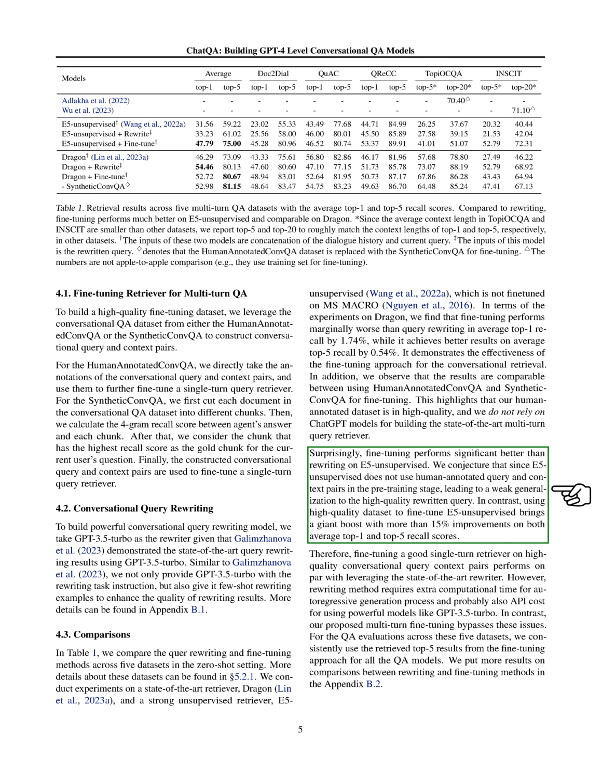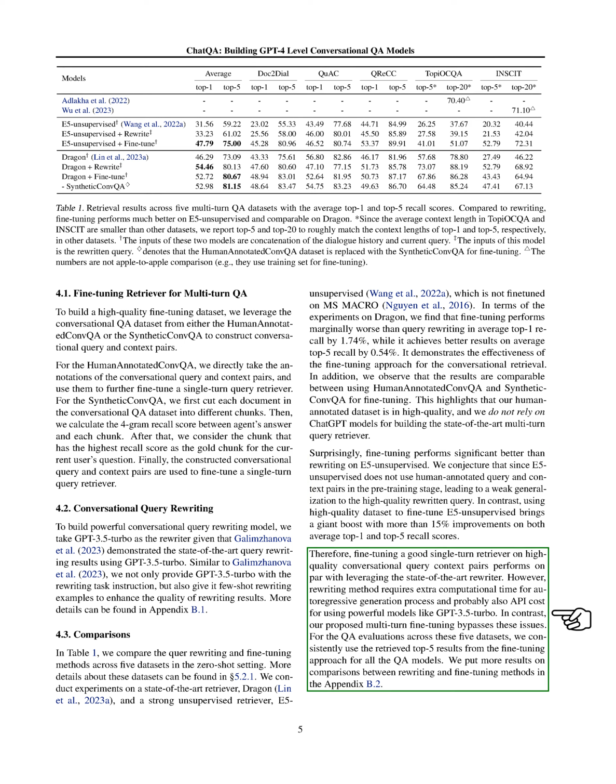However, when we fine-tuned E5 unsupervised using a high-quality dataset, we saw significant improvement in both average top 1 and top 5 recall scores. While the rewriting method requires additional computational time and potentially API costs for using powerful models like GPT-3.5 Turbo, our proposed multi-turn fine-tuning method avoids these issues.